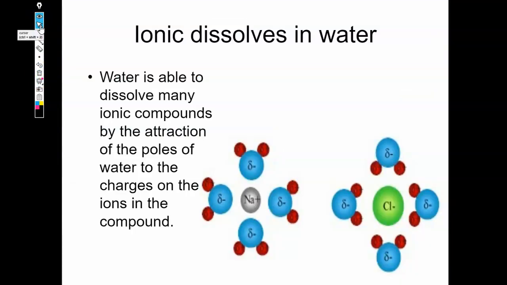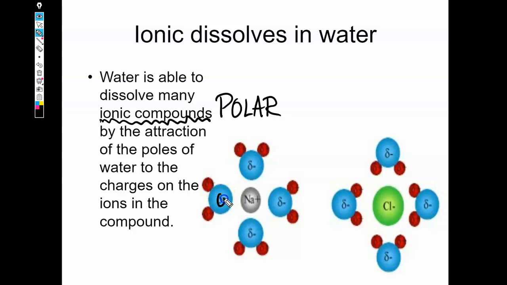So, water, because it is so polar, is able to dissolve many ionic compounds because ionic compounds are extremely polar themselves. So ionic compounds can dissolve in water. And this is because water, because of its uneven distribution of charge, can break apart ionic compounds based on the attraction of charges.